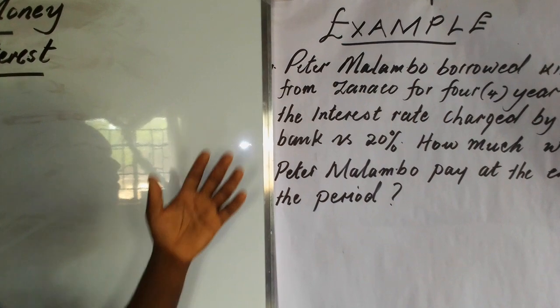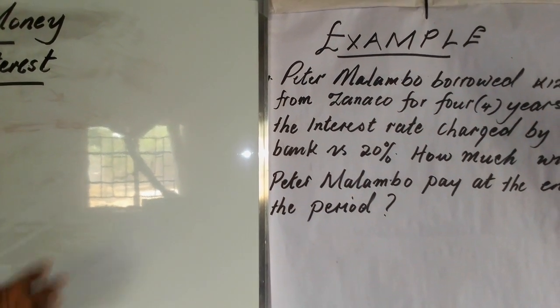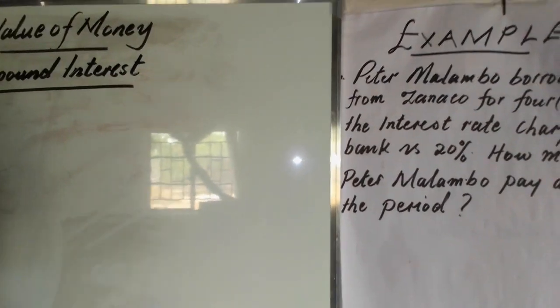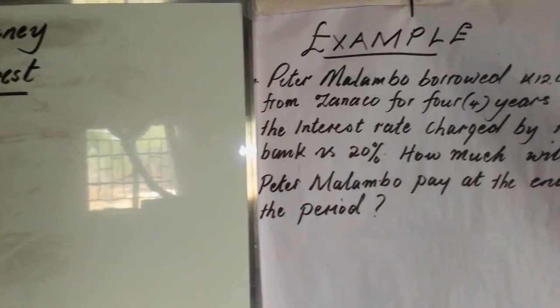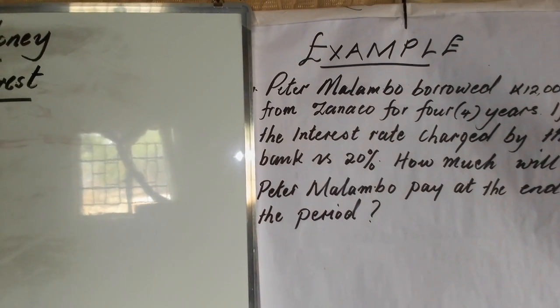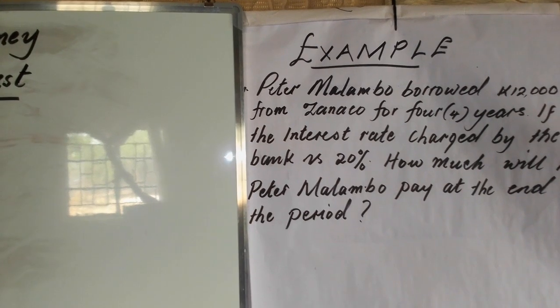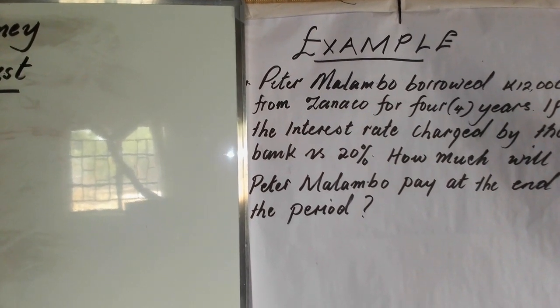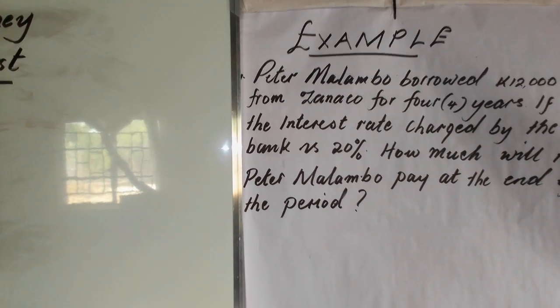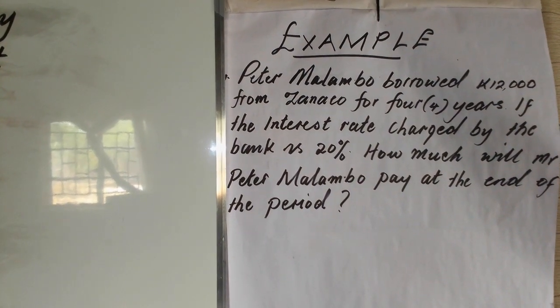So we have the example of Peter Malambo who borrowed 12,000 from the bank, and this amount was to be paid after 4 years at the interest rate of 20%, which is compound interest.